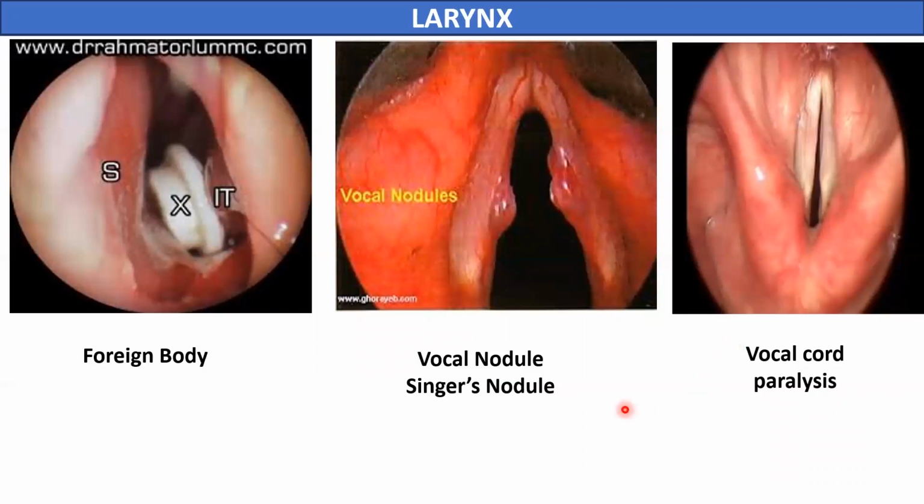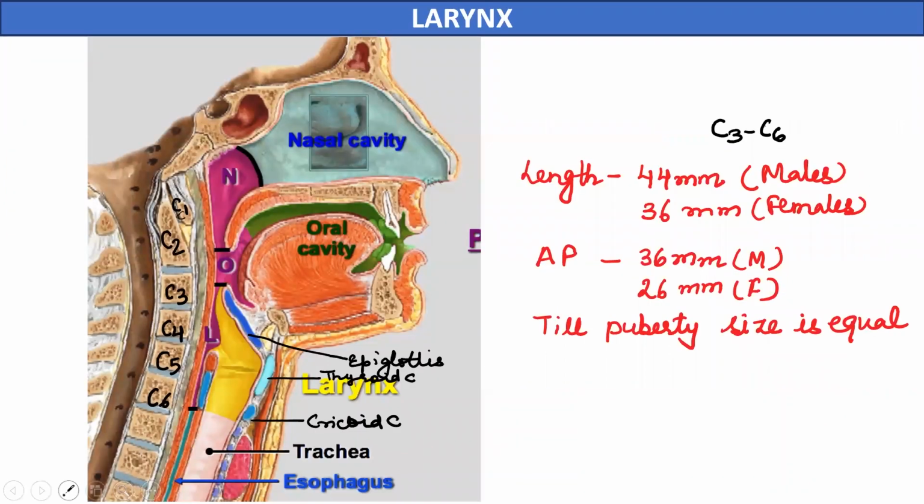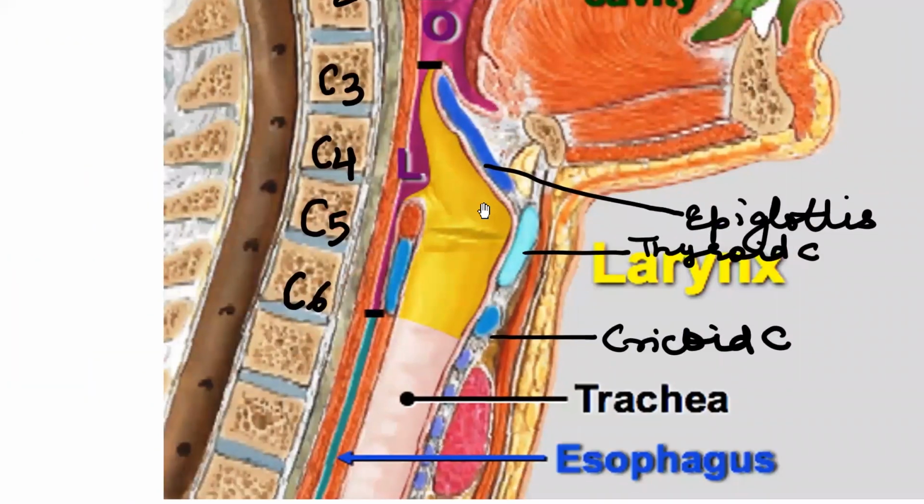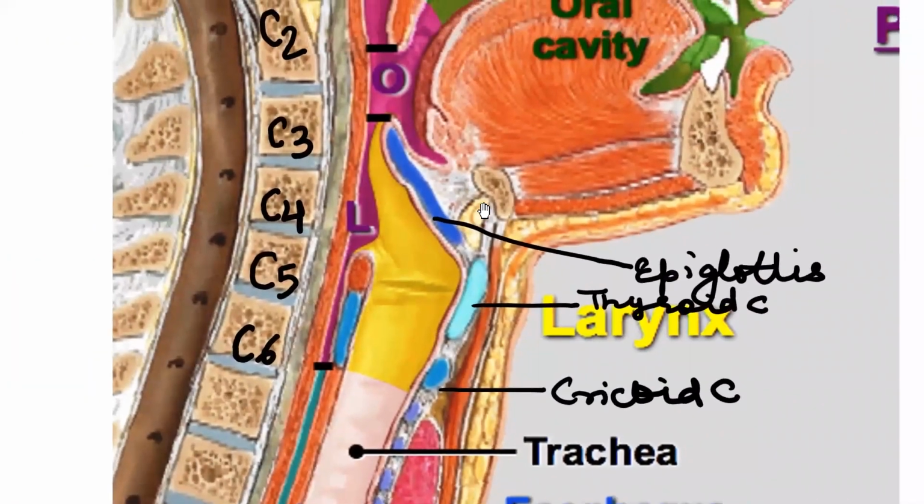So in this lecture, we will discuss the gross anatomy of the larynx and try to correlate it clinically. First, the location of the larynx. In this diagram, we have shown the larynx in yellow, and we can see the cartilages of the larynx, shown in blue: the epiglottic cartilage, second the thyroid cartilage, and third the cricoid cartilage.